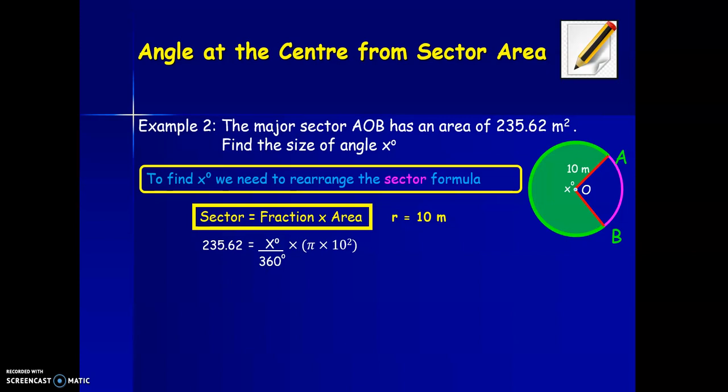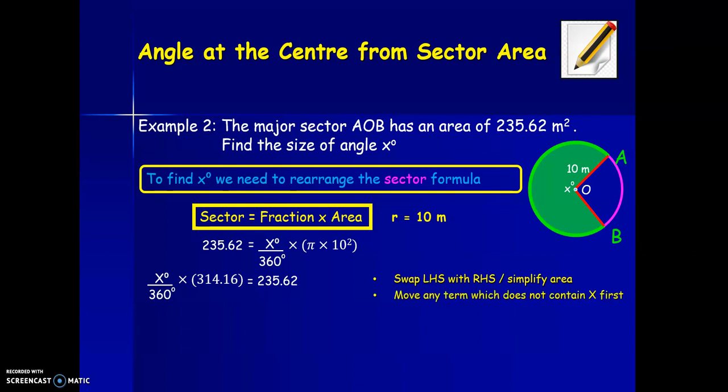But we work left to right, so let's swap the left-hand side with the right-hand side. So x over 360 times 314.16, remember that's the simplified version of the area, is equal to 235.62. Next, we move any term which does not contain x.